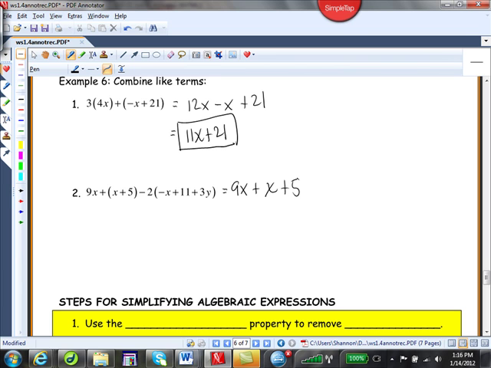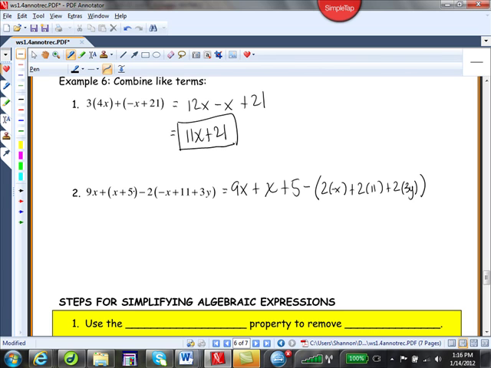Now, this is going to be minus 2 times negative x plus 2 times 11 plus 2 times 3y. So I kept the minus on the outside and I distributed the 2 throughout.